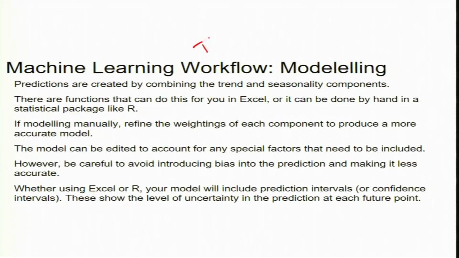Modeling, or training the machine learning model, is called modeling. To make the predictions, the model is created by combining trend and seasonality components. You have various software tools, and these will help manually refine the models to have a more accurate model.